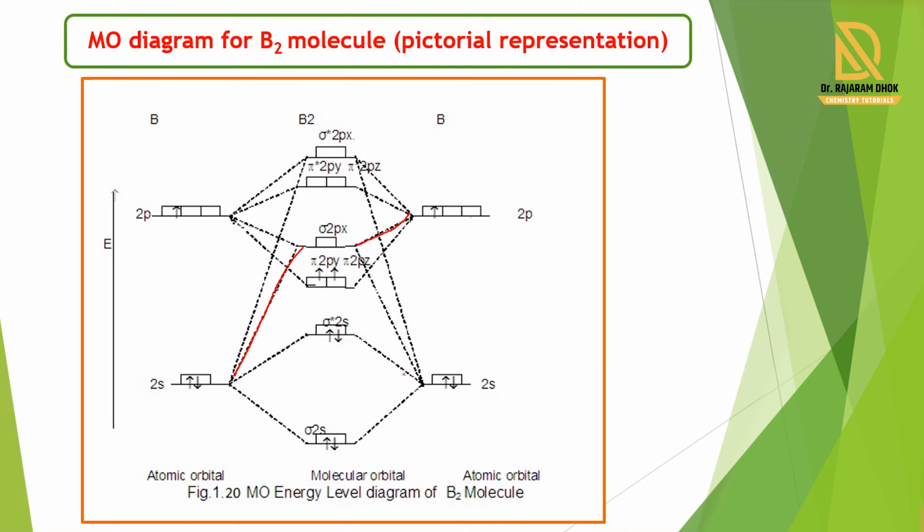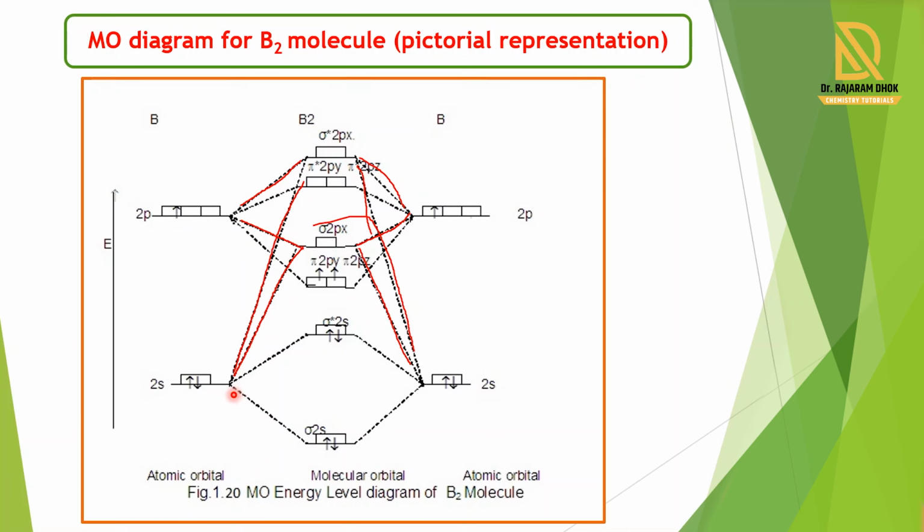This 2s and the first atom's 2s also form such a type of interaction. In the same way, the antibonding interactions are shown here with the red mark.